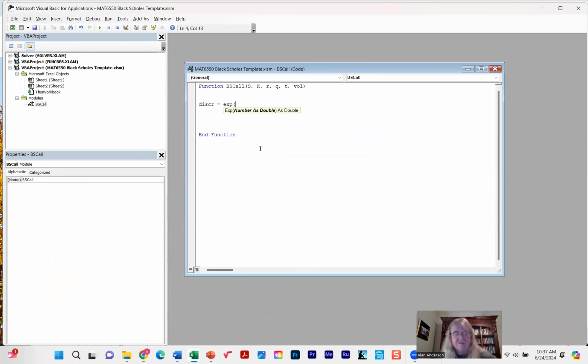EXP is spelled the same way. So that is e to the minus RT. And then e to the minus QT, we're going to call it disk Q. And now you can refer to them with those names rather than having to type that formula out every time.